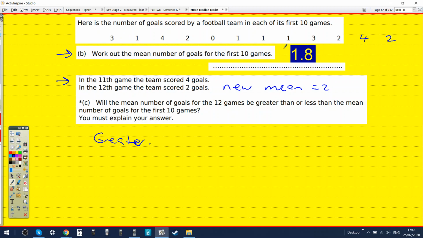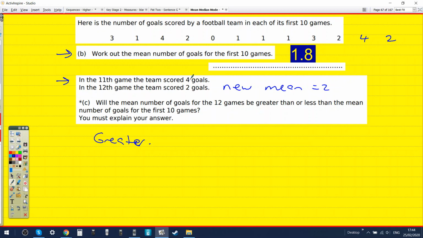The other way to do it is the old mean was 1.8. 4 goals, is that more or less than the old mean? So, no, it's less. So the old mean was 1.8 goals, then they scored 4 goals. What will happen to the average?